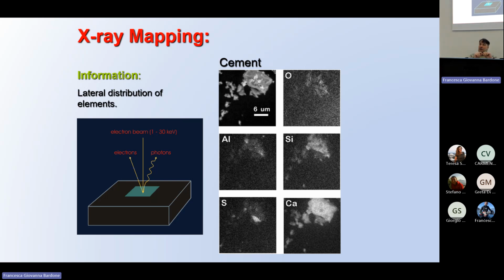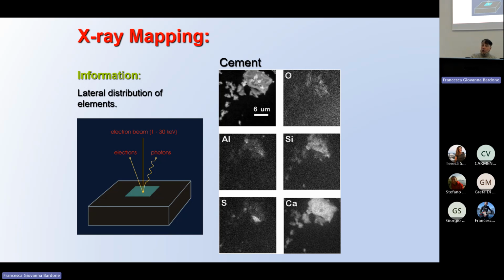The secondary electrons come only from the surface. So the information you get, like the image here on the top left, is of only the surface. But the X-rays come from inside. So the resolution, when you create an image using X-rays, is worse.